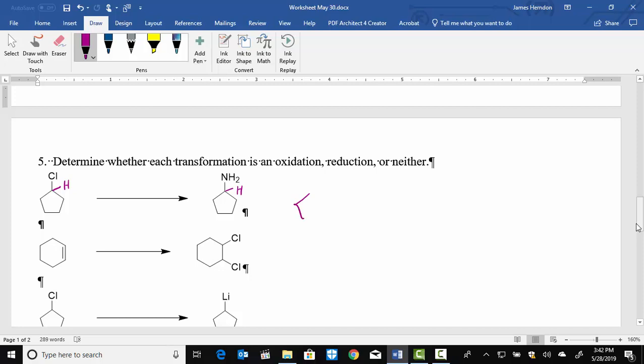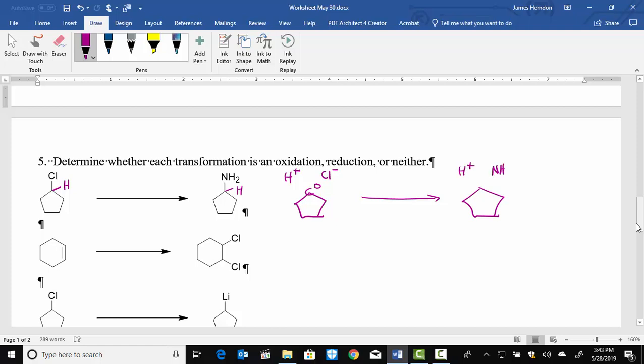Okay, so if we look at the starting material, we're going to pretend that the hydrogen is an H+, the chlorine is a minus. The only other bonds to the carbon of interest here are other CC bonds, so we don't count them. So this is going to be carbon 0. This is now going to produce the product, and again, H+ is going to be that.